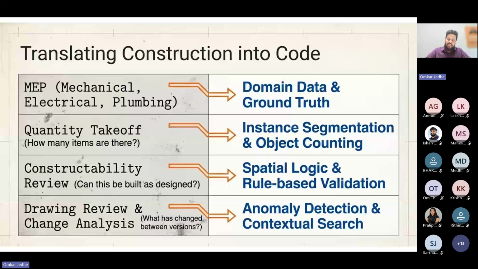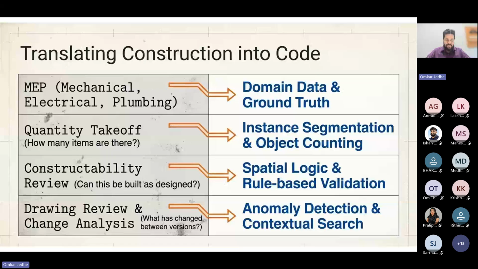We have to figure out the spatial logic and rule-based validations if required, and we have to do the anomaly detection and contextual search. From which, for this hackathon, we focus on object detection and spatial identification. We don't go into the rule-based validation or anomaly detection as of now in this hackathon, but part of this is also so major that if it is solved, it's going to support these three major processes of construction.